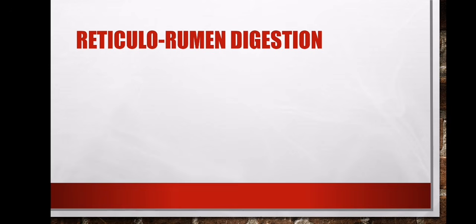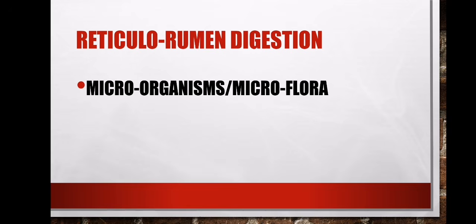Okay, fine. What I want you to notice is that we have 3 microorganisms here. One, we have a microorganism that is called bacteria. These bacteria are the ones with a high population in the reticulo-rumen. Take note of this part.